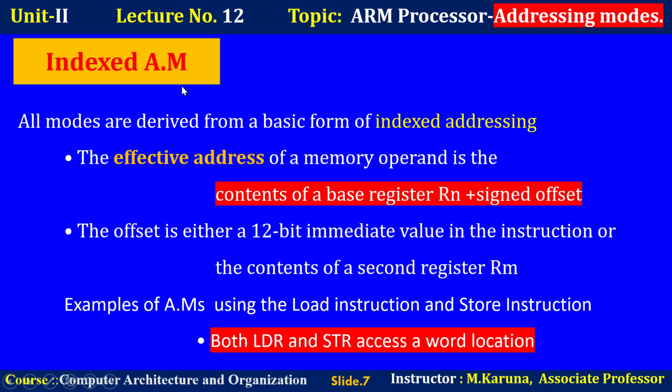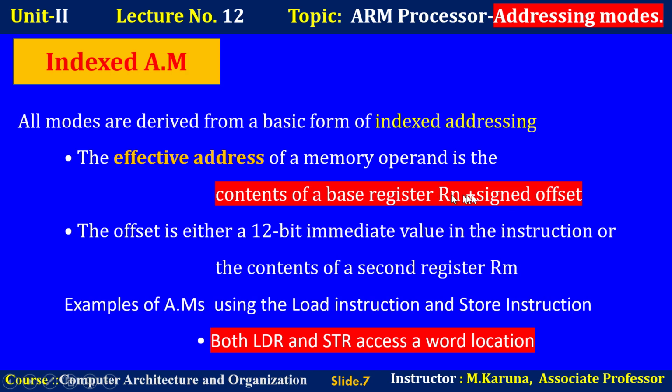Now coming to the indexed addressing mode. All modes are derived from a basic form of indexed addressing. The effective address of a memory operand is the contents of a base register Rn plus a signed offset.